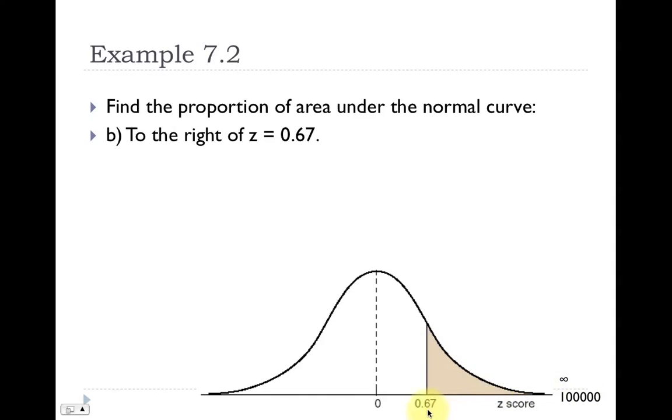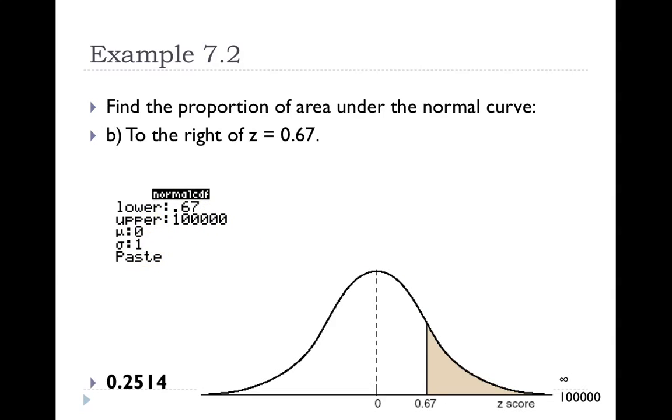So the lower z-score is 0.67 and the upper z-score is positive infinity. So we put in lower 0.67, upper 100,000, mean is 0, standard deviation is 1, paste it, and it is 0.2514, 25.14%.